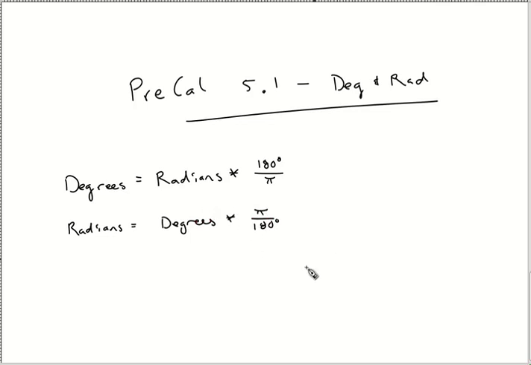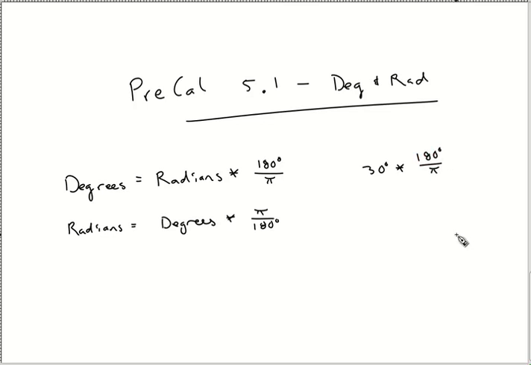So how do you know which one goes with which? How I think about it is, when we're converting between degrees and radians, say I have 30 degrees and I'm going to multiply it by something. If I multiplied it by 180 over pi, notice that my degree symbols don't cancel. Also, I have a pi in the bottom, which is kind of weird.